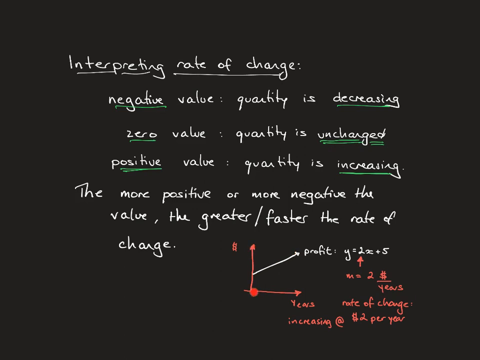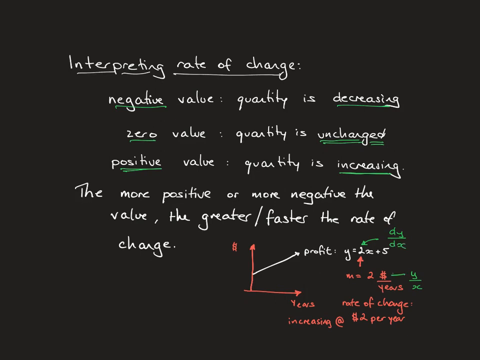For this graph here, we're looking at dollars per year. We're looking at a profit formula here. The formula for this line, y equals 2x plus 5, the gradient is 2. Our quantities for our gradient are, of course, our y value over our x value. So this gradient here is the derivative of y with respect to x.